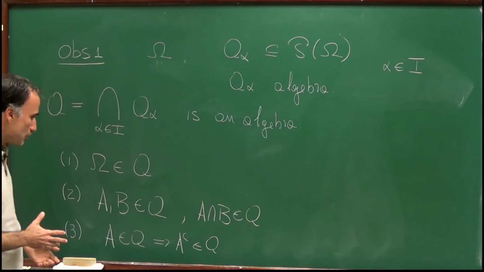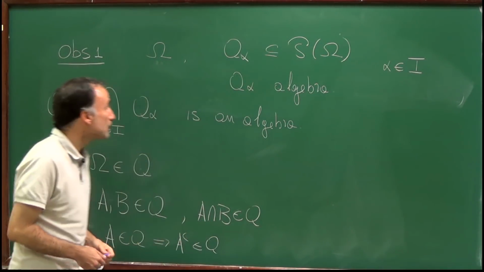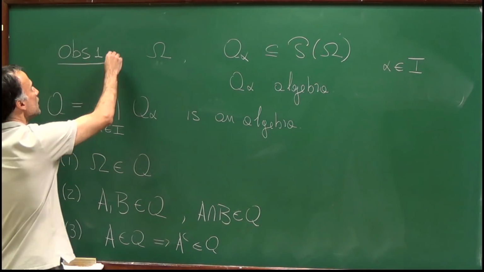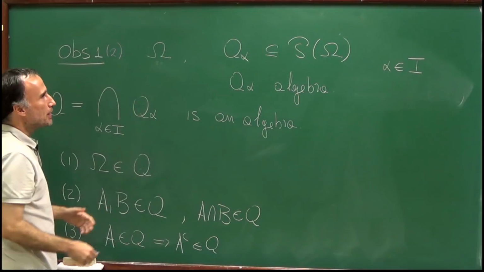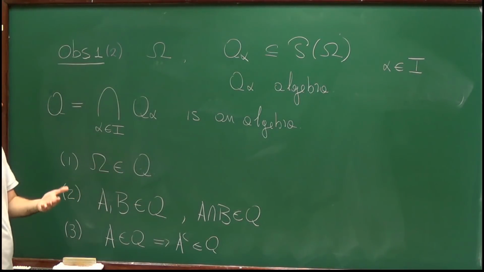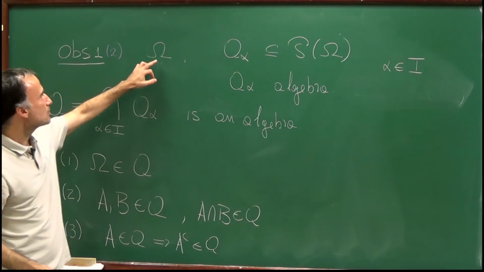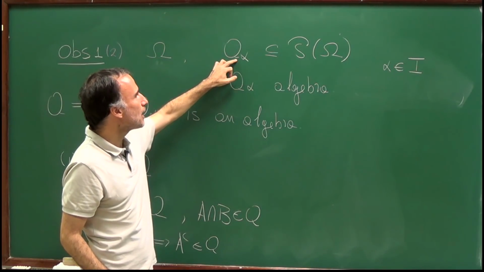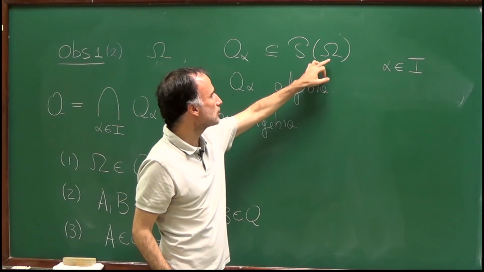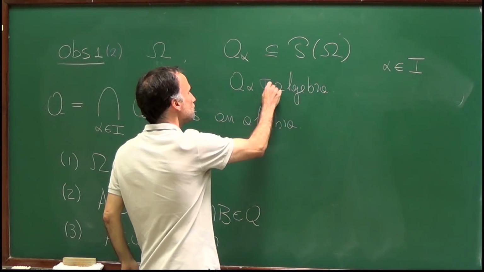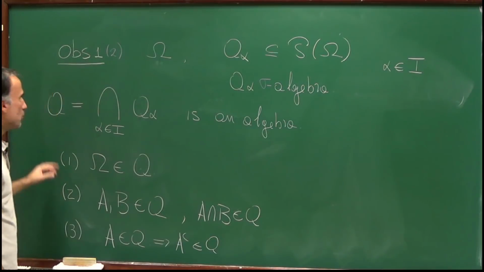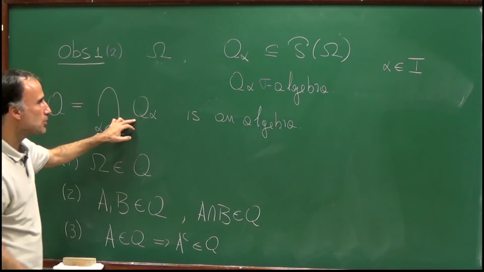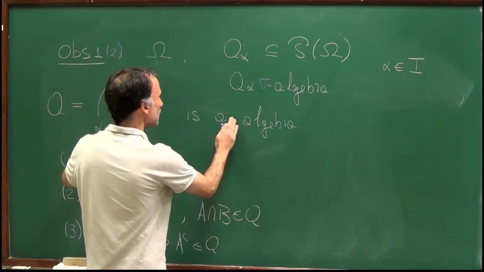Now I will make a second observation, that the same claim holds if I replace algebra by sigma-algebra. So let's assume that we have a set omega and we have a family of sigma-algebras of subsets of omega. Now I claim that the intersection of all these sigma-algebras is a sigma-algebra.